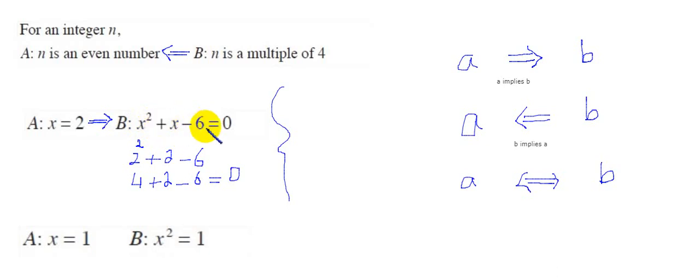For that we will solve this equation, which is a quadratic equation, and find out the value of x. Let's factorize it. So x squared plus x minus 6 equals 0.